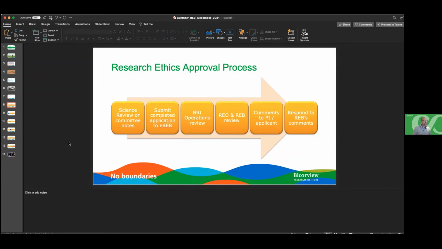Once that process is done, it finally lands in the office of the research ethics, on the desk of the research ethics office.